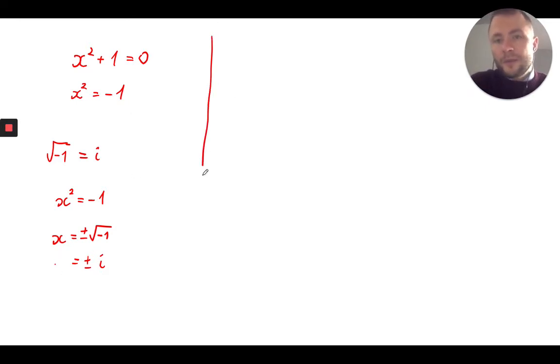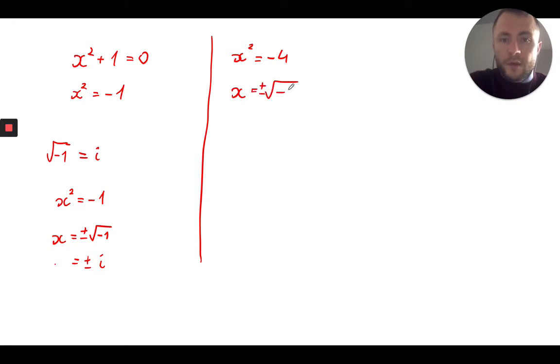In another example, we can take a look at x squared equals minus 4. If I wanted to find a solution to this equation, I would write x equals plus or minus the square root of minus 4.